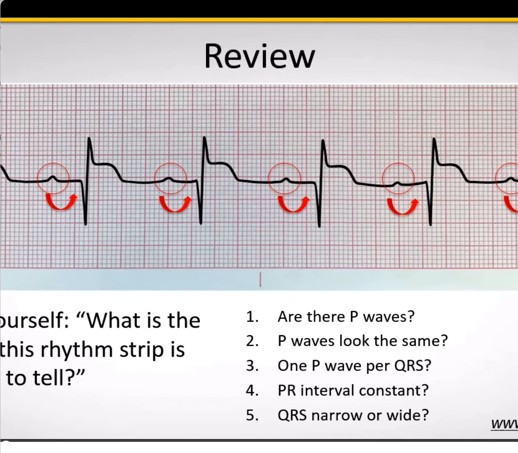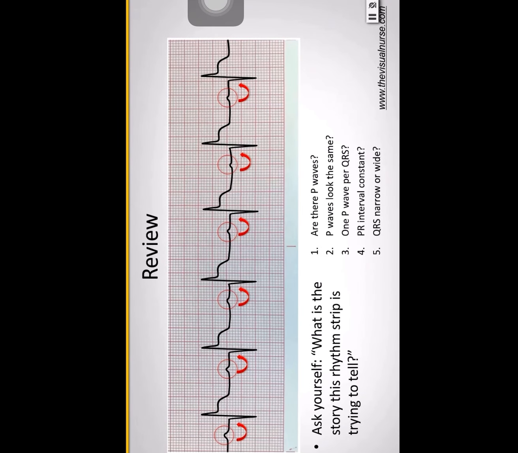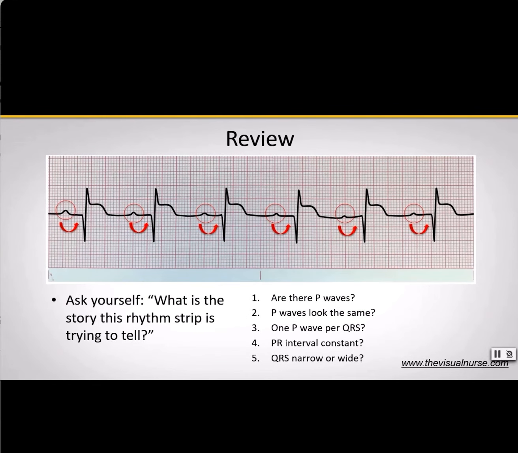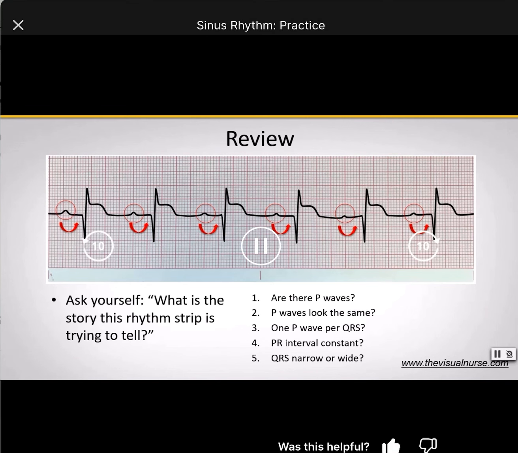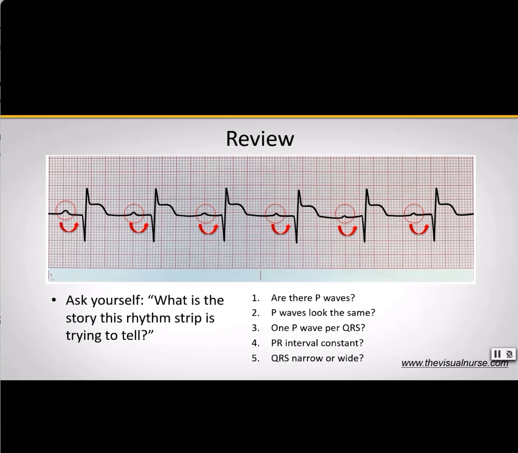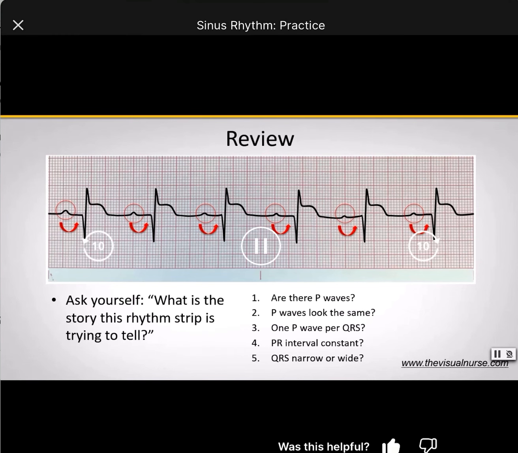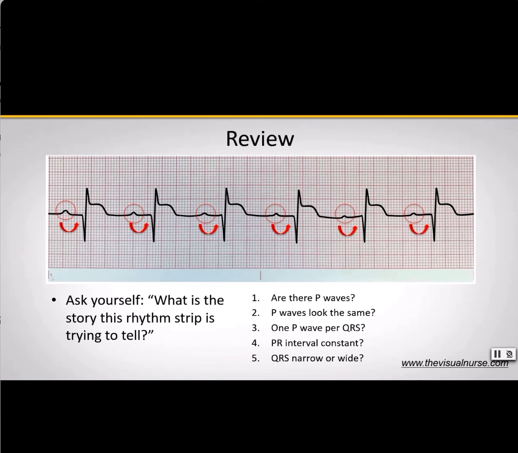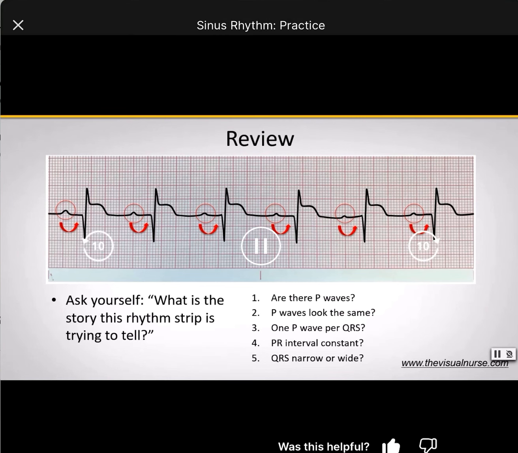On questions 1 through 4, which we've just asked, here's what we can tell about this strip. There are P waves present, they're all upright, and they look the same. That tells us they're coming from the same spot. The PR interval is constant for each P wave to the QRS complex that follows. That tells us that it's taking the same amount of time for that impulse to reach the ventricles from the atria.